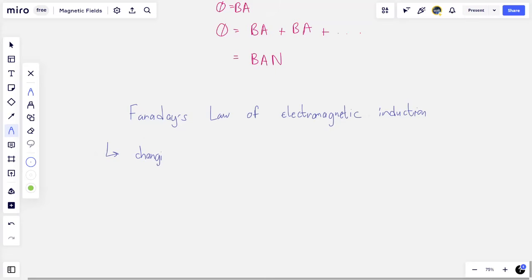A changing magnetic field induces an EMF in a conductor. Very important point. Magnetic fields induce EMFs. And so a changing magnetic field, meaning the magnetic field is constantly changing, induces an EMF in a conductor.